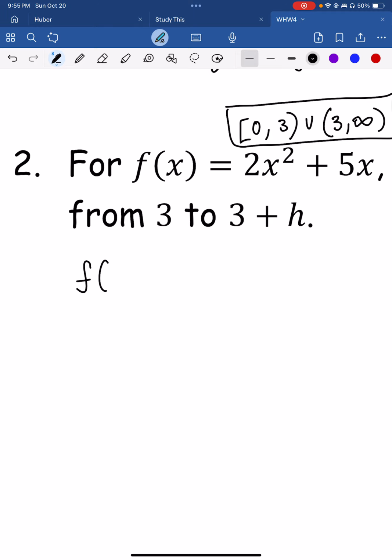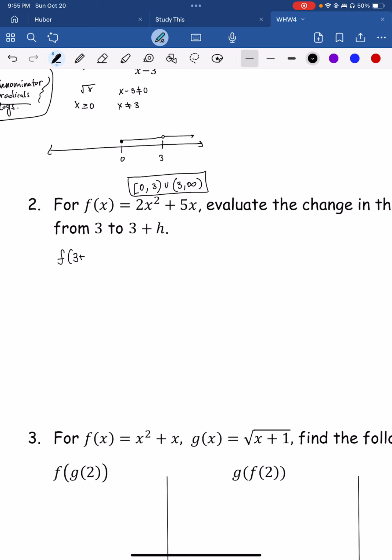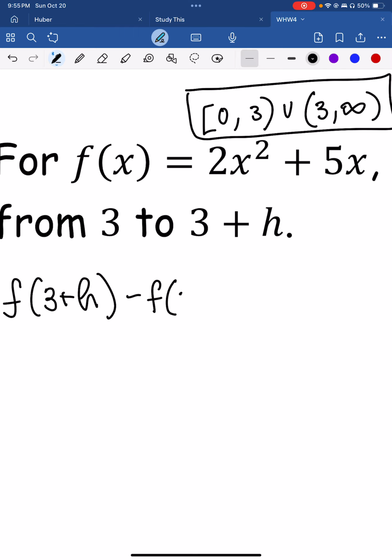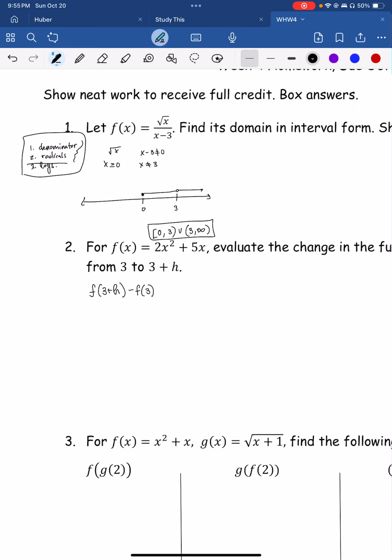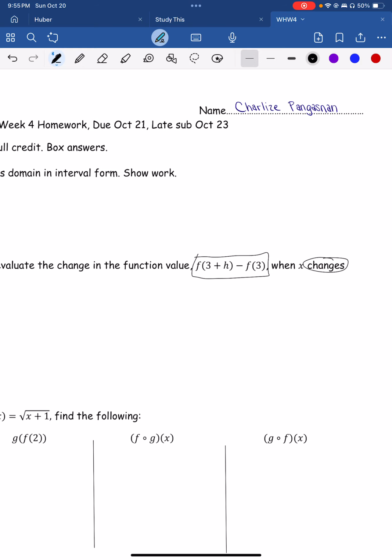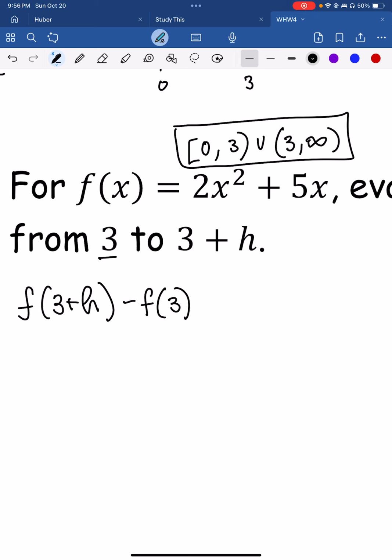You're doing f of 3 plus h minus f of 3. It makes sense because the word change tells us that we're subtracting. If we're going from 3 to 3 plus h, we are subtracting this from this.